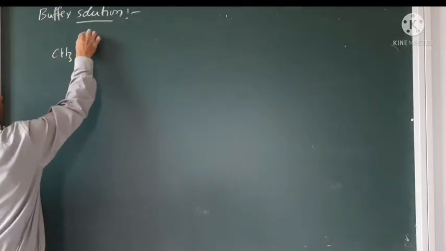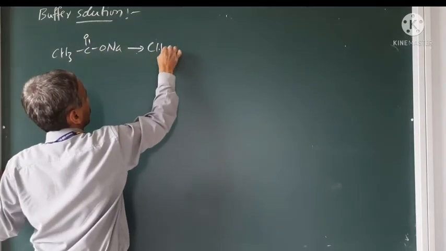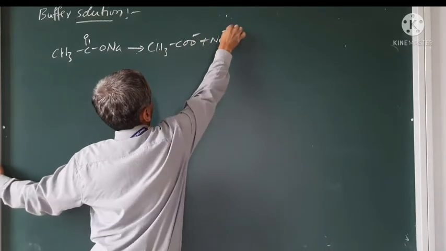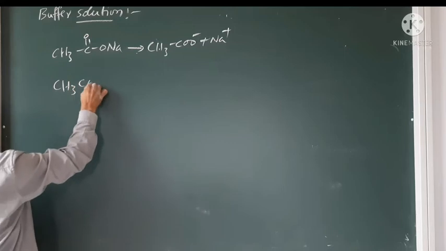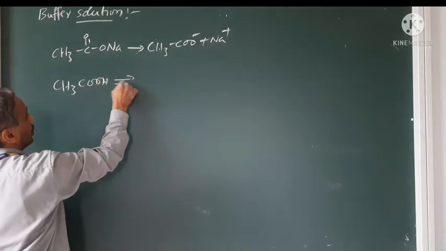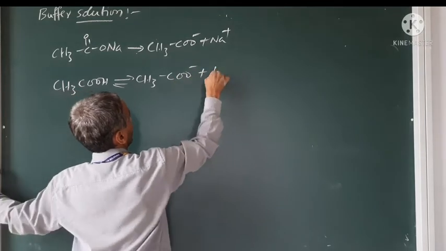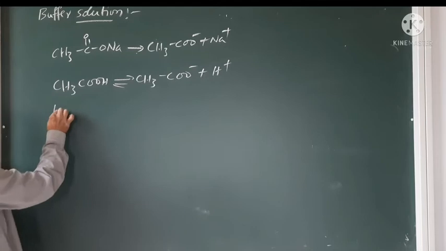CH3COONa will ionize as CH3COO- and Na+. Acetic acid, CH3COOH, will ionize to give CH3COO- and H+.